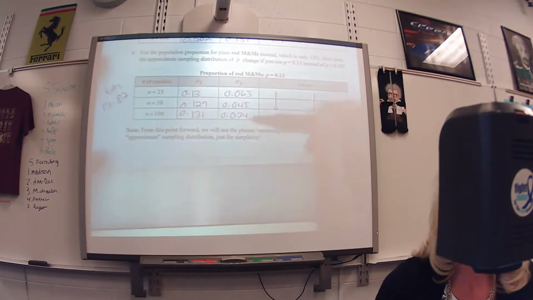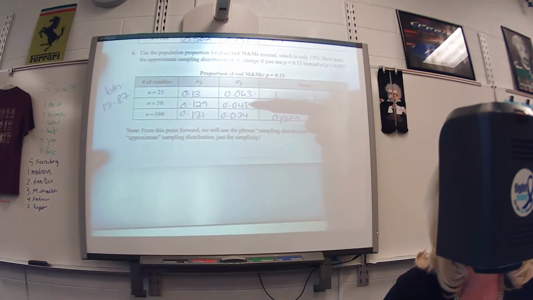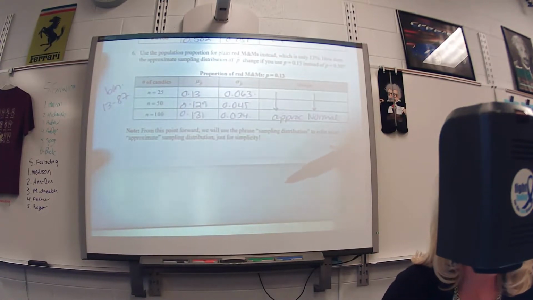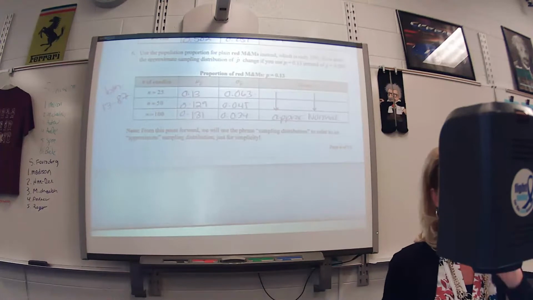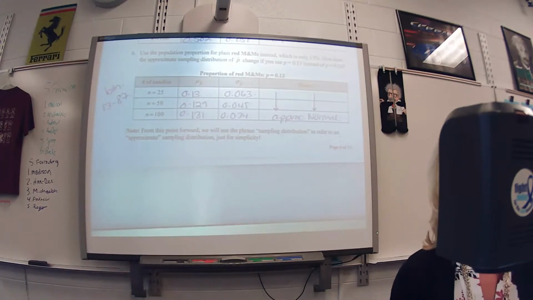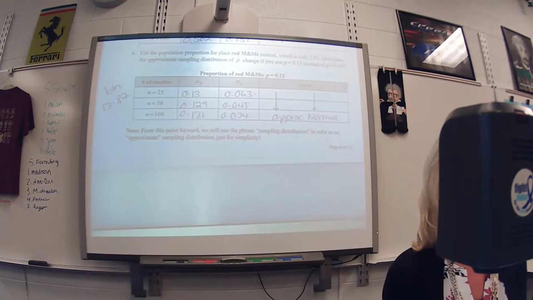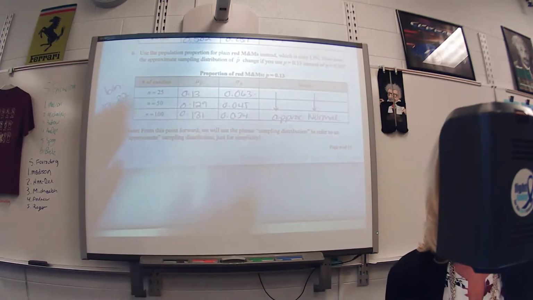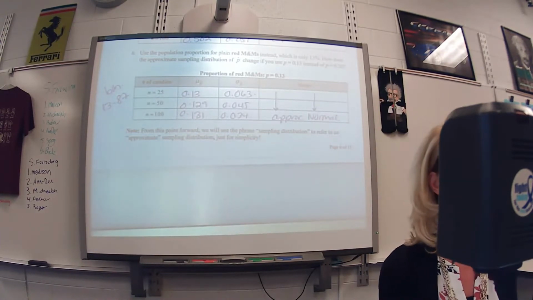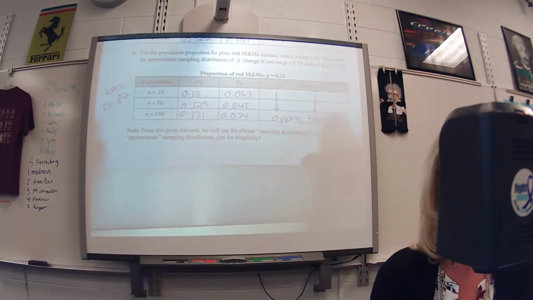And once again, as your n sizes are getting larger, do you see that your standard deviations are getting smaller? There's an inverse relationship here. I also put a comment here: from this point forward, if I just refer to sampling distribution, assume I'm talking about an approximate sampling distribution, the one that came out of our example, as opposed to the large, authentic sampling distribution.